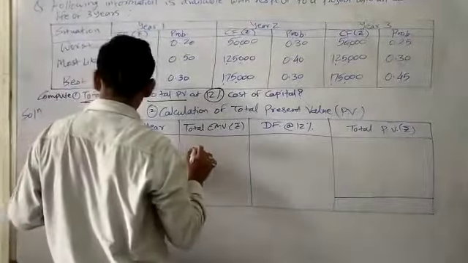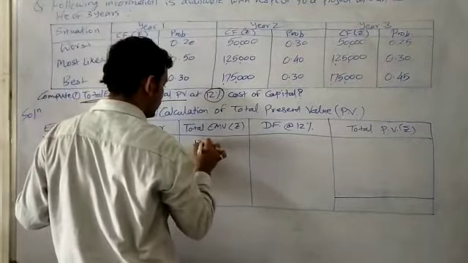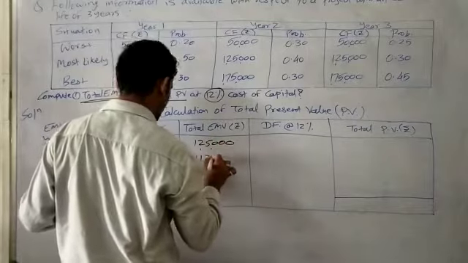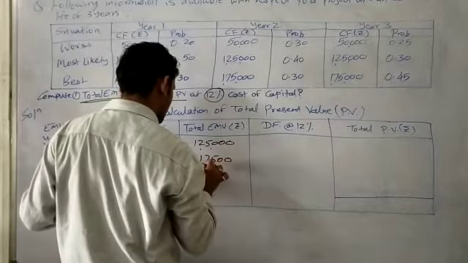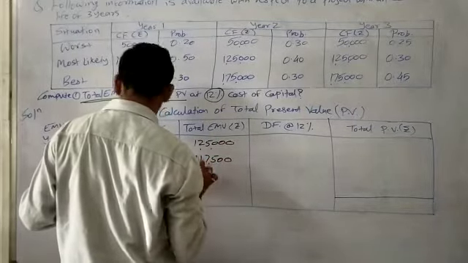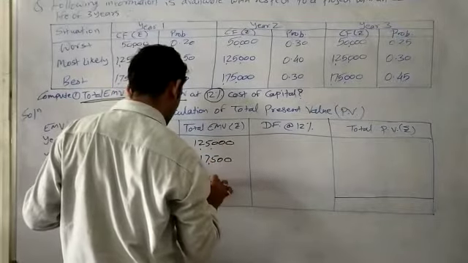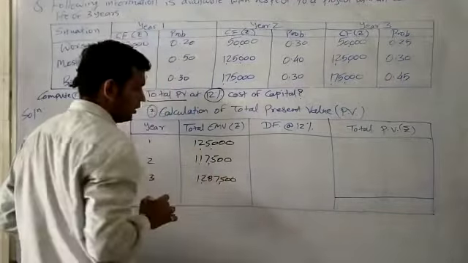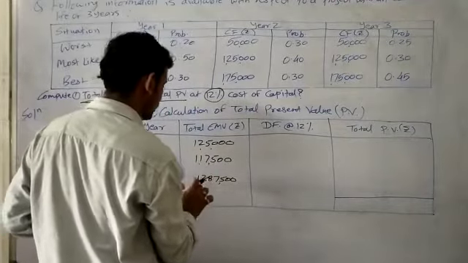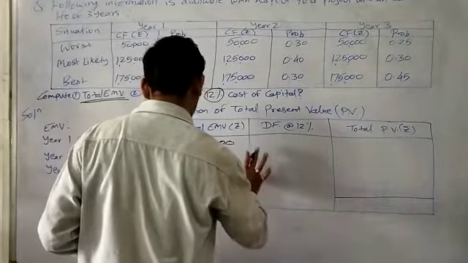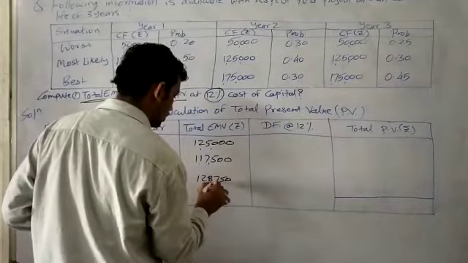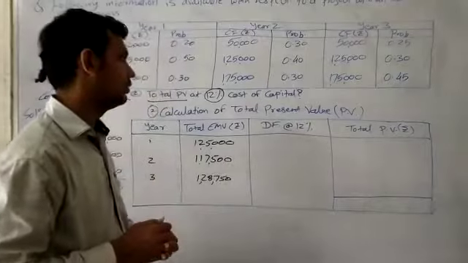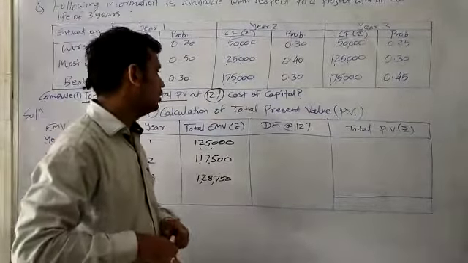So we have to write the EMV for each year. For the first year it was 1,25,000. For the second year 1,17,500. And for the third year it is 1,28,750. This is our EMV for the respective years which we have calculated. Sorry for the writing error. Now we have to calculate the discounting factor at the rate of 12% on the EMV.